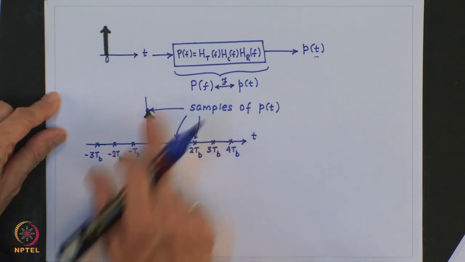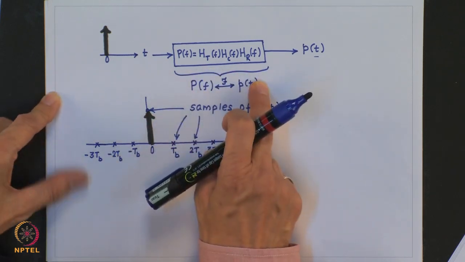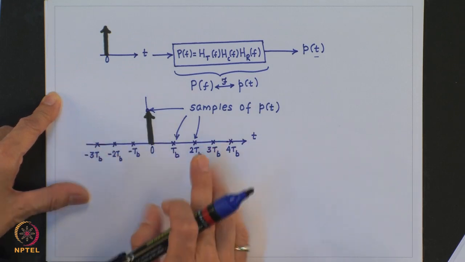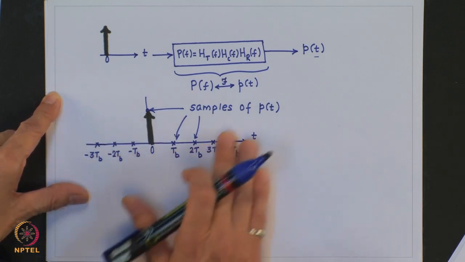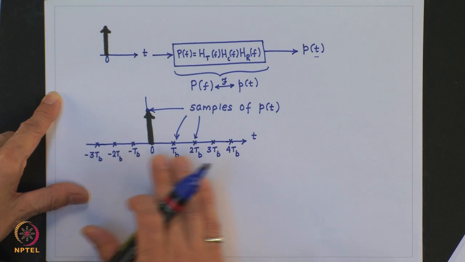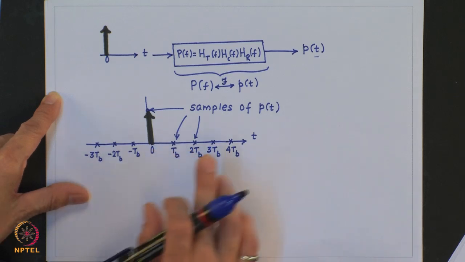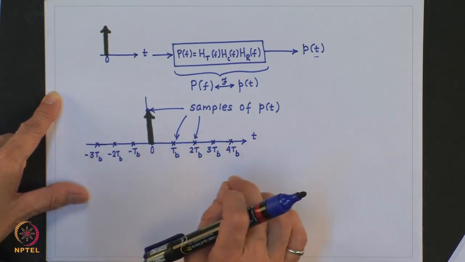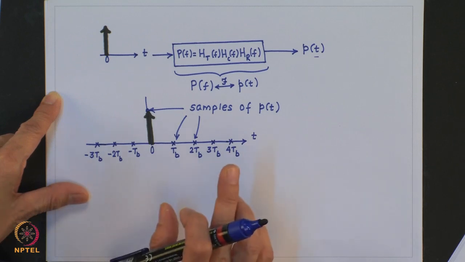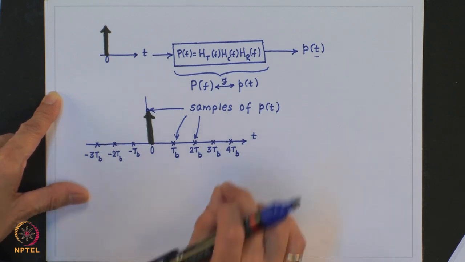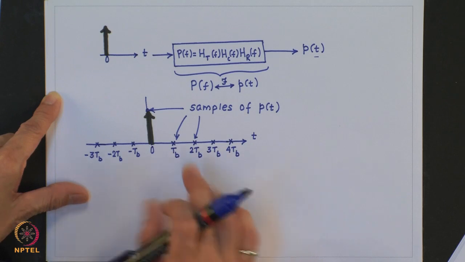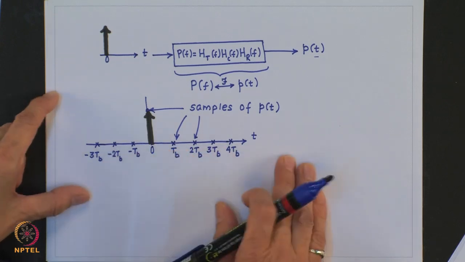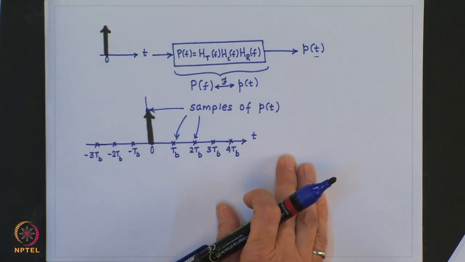So, if p(t) is such that this is the case, then the system will experience no ISI, since an impulse at, say, t equal to m Tb will produce a non-zero value only at that time t equal to m Tb, and 0 at all other sampling points, correct.